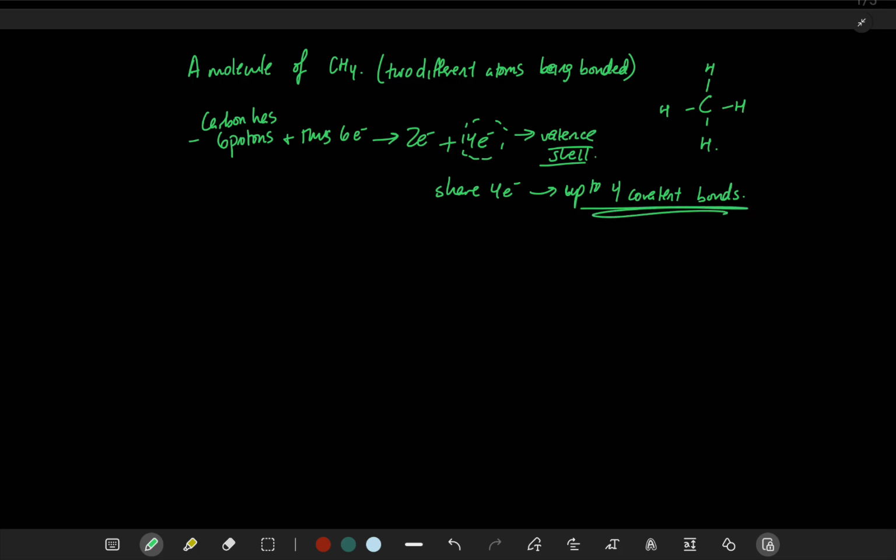Now, in the molecule of methane, we also have to talk about hydrogen. We briefly talked about hydrogen a little earlier. So hydrogen has 1 proton and thus 1 electron. And this electron is located in the one and only shell, which is also the valence shell by default.